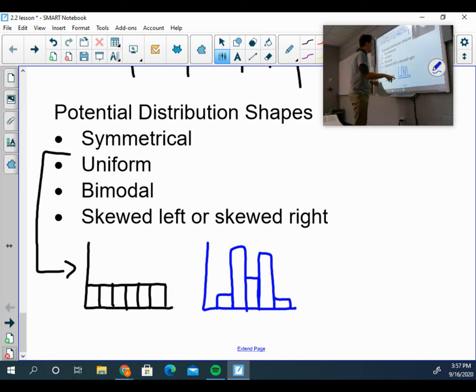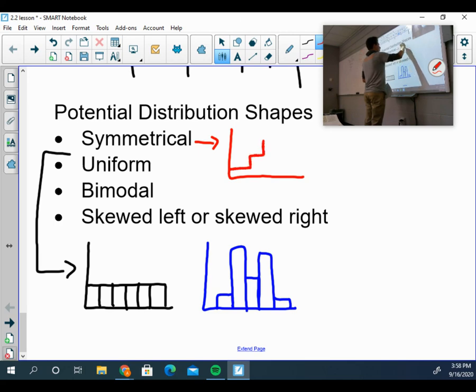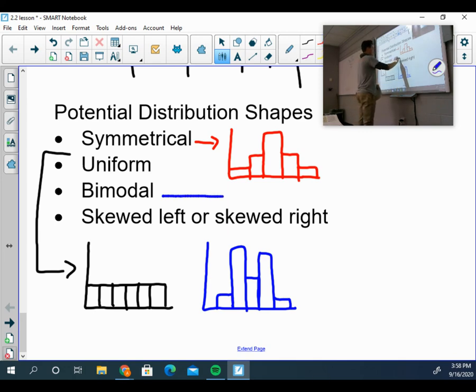They're separated by at least 1 class. That's the difference between a symmetrical, which looks something like this, and a bimodal. A bimodal, that peak is separated by a class. That is a bimodal.